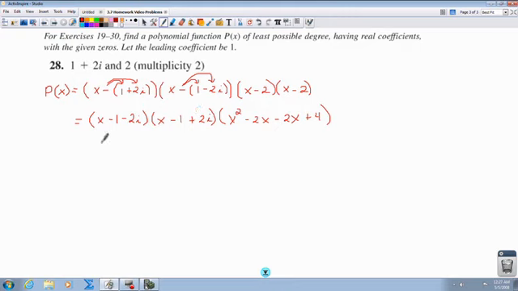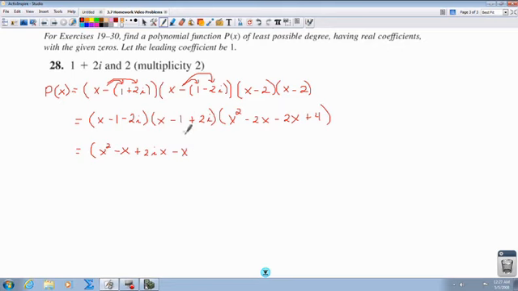Alright, so we're going to multiply this x by every term in the second parenthesis here. So we have x times x, which is x squared. We have x times negative 1, which is negative x. We have x times 2i, which is 2ix. We're going to take the negative 1 and distribute it all the way through. So negative 1 times x is negative x.